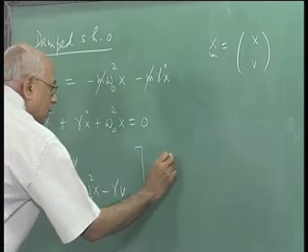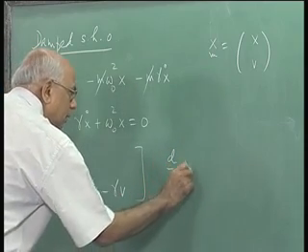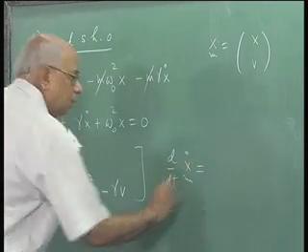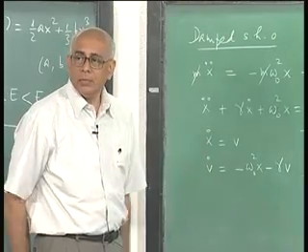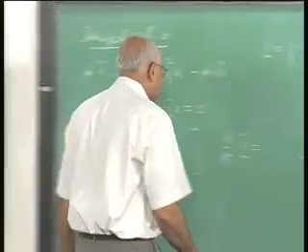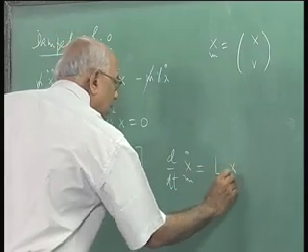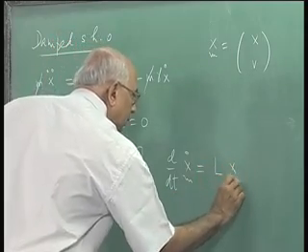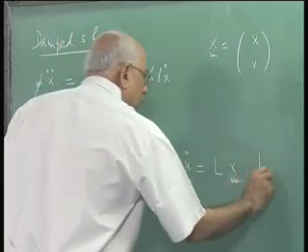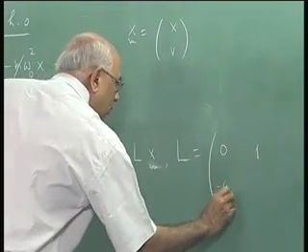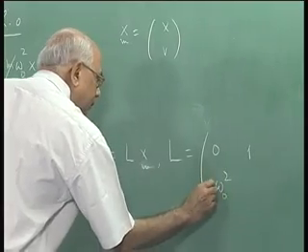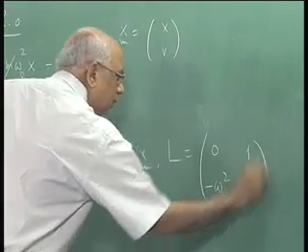And then this set of equations is nothing but saying d over dt of this vector is equal to some 2 by 2 matrix acting on (x, v), and this 2 by 2 matrix, let me call it L, and it acts on x once again, and the matrix L is (0, 1; minus omega naught squared, minus gamma).